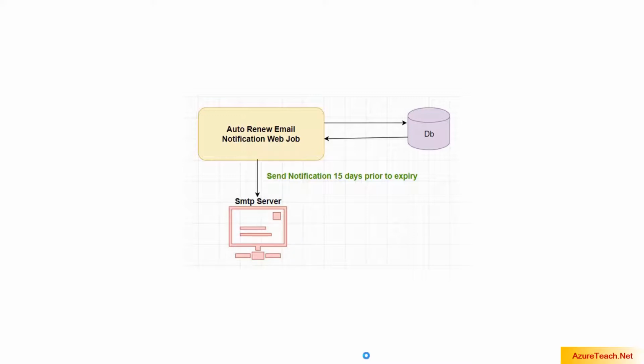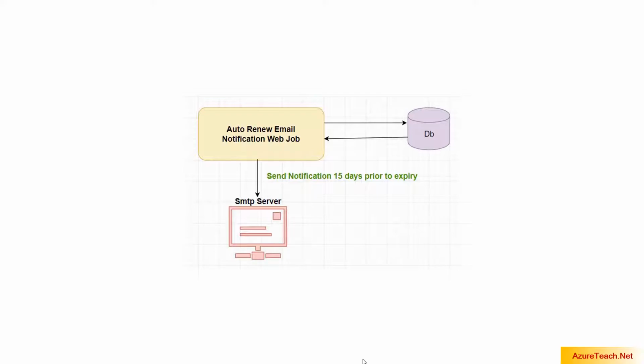So we have to inform them 15 days prior to their plan expiry, stating that their plans will be auto renewed and their credit card will be charged. For this purpose, we have developed a console application and deployed that as a scheduled web job inside Azure, and this runs once a day and it sends email notifications to the members.